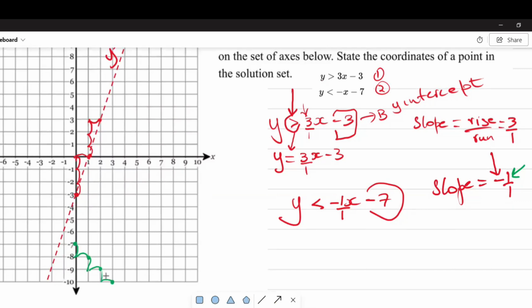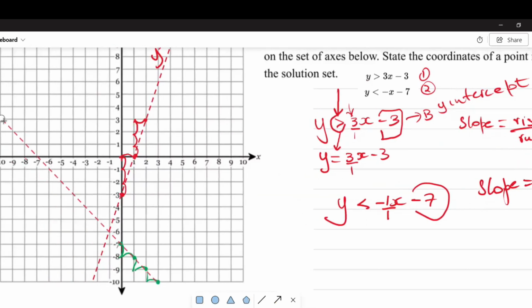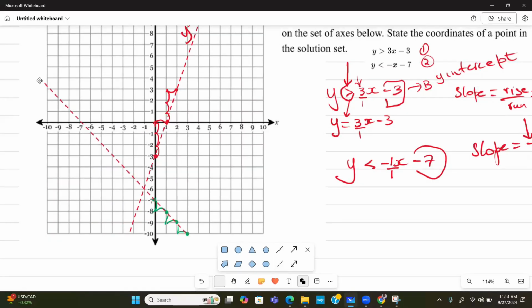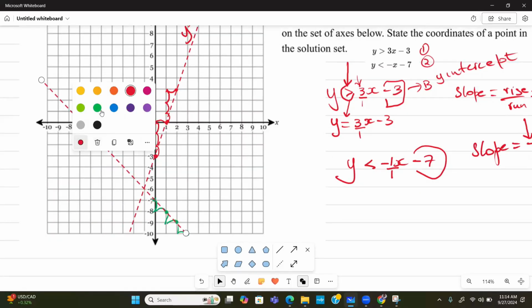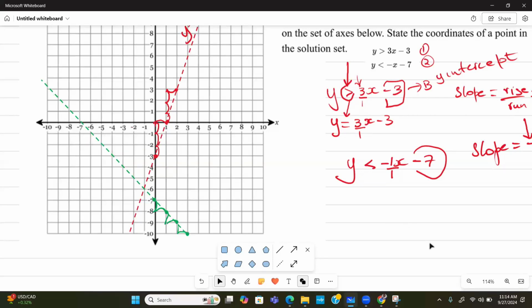It has to be a broken line because there's no bar underneath my inequality, as you could see. So this is the line that we have right here. Now, let me label this. So this line is representing y is equal to negative x minus 7.